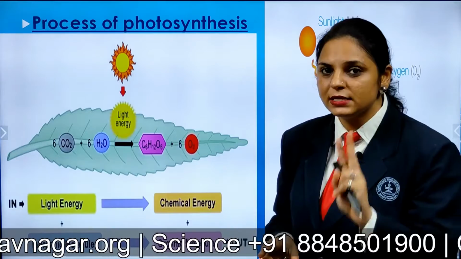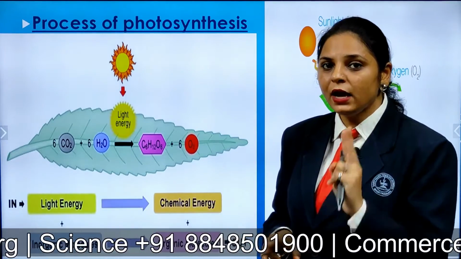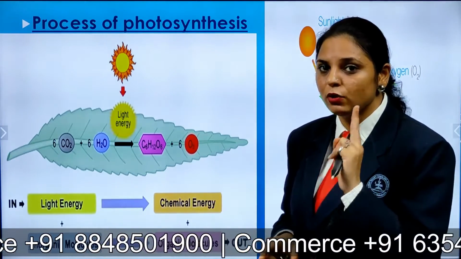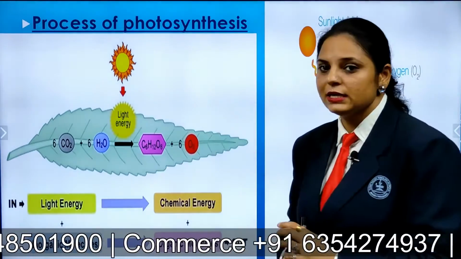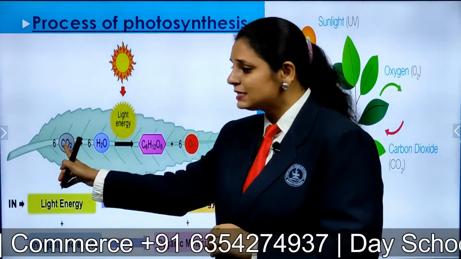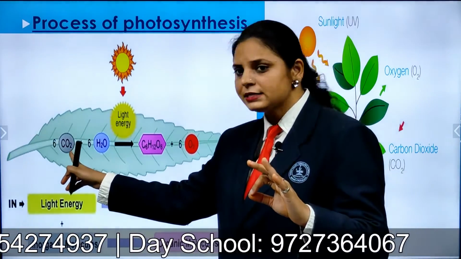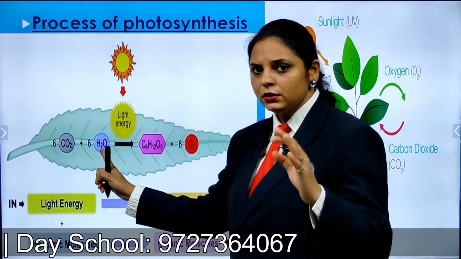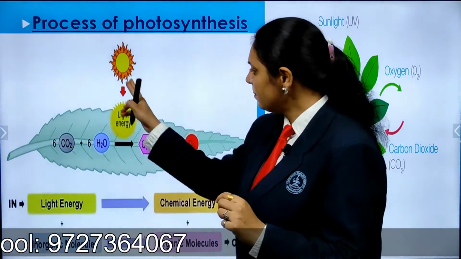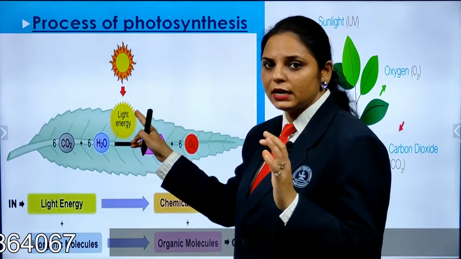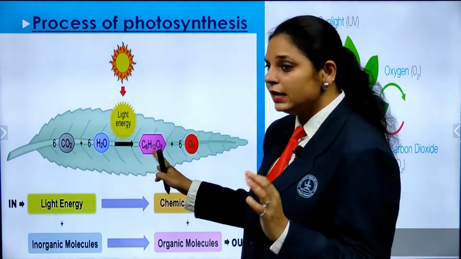Two things are necessary for carrying out the process of photosynthesis. What are they? Sunlight, and second, chlorophyll. It takes simple inorganic substances from the environment, that is carbon dioxide and water. These two are absorbed by the presence of sunlight and chlorophyll. It occurs where?